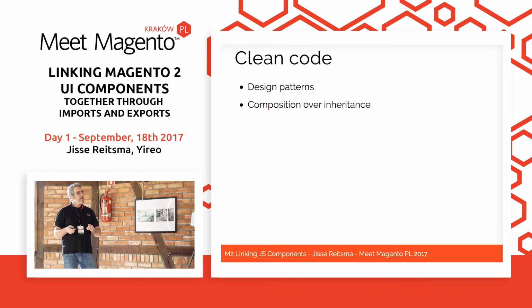Another thing is RequireJS is introducing composition over inheritance because we're allowed to inject new components into other components without actually using inheritance from one parent to a child. But in my opinion, inheritance in this case is not only dealing with a parent and a child, but actually from one component to another component.